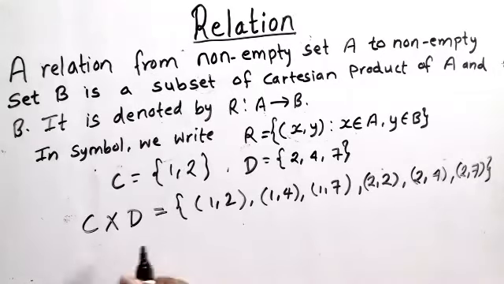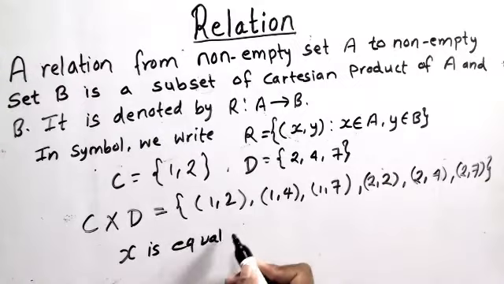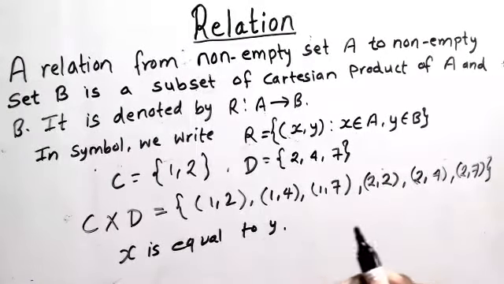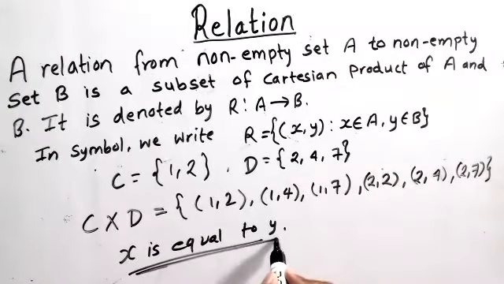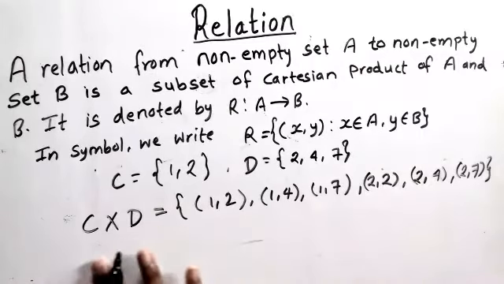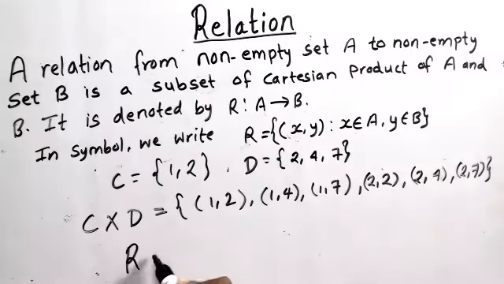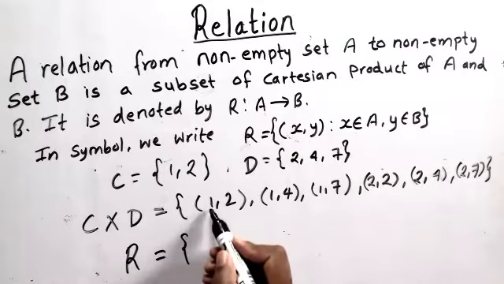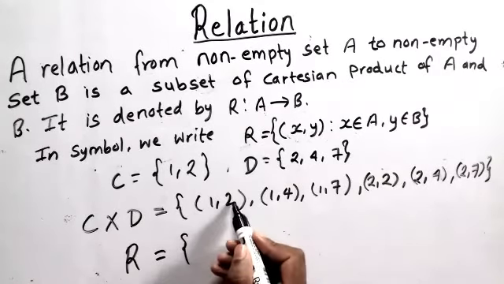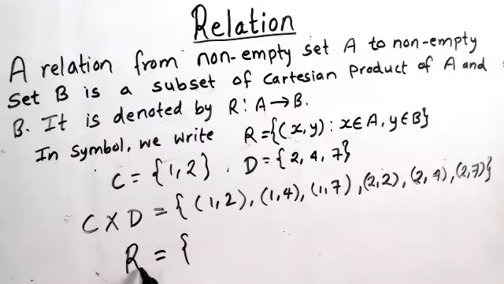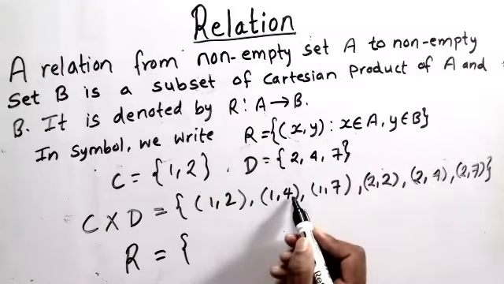In this case, let us take the condition x is equal to y. Under this condition we will form the relation R. Is 1 equal to 2? No, so this will not be an element of the relation. Is 1 equal to 4?